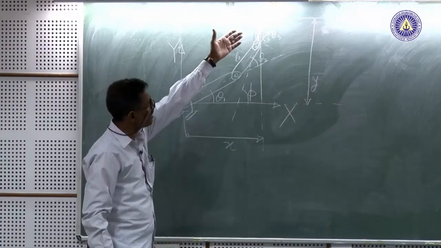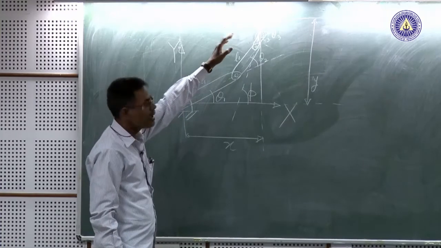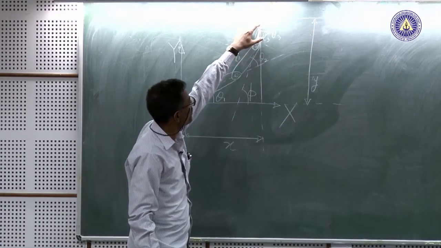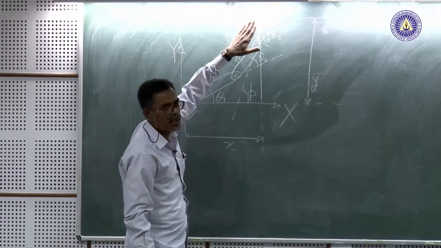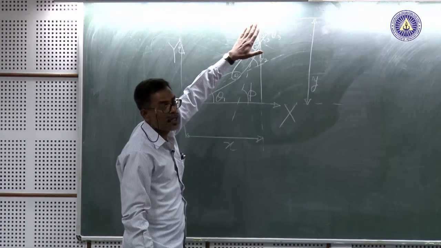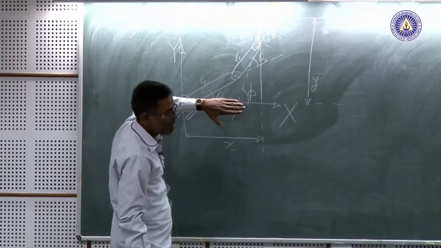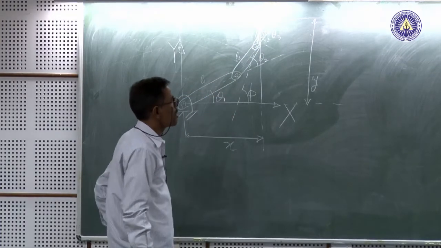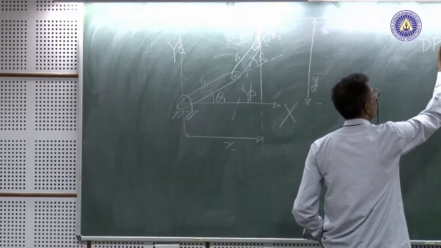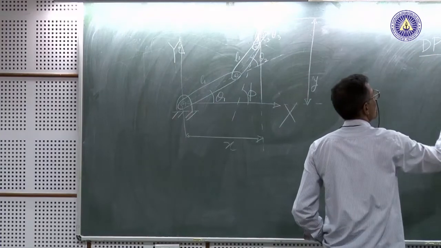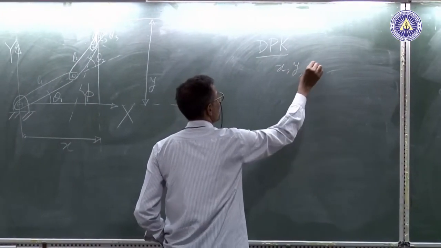What is the position of the hand and what is its orientation, that is at what xy point the hand is situated and in which direction its x axis is pointed with respect to the base x axis, this angle. So, direct position kinematics would require you to find out x, y and phi.